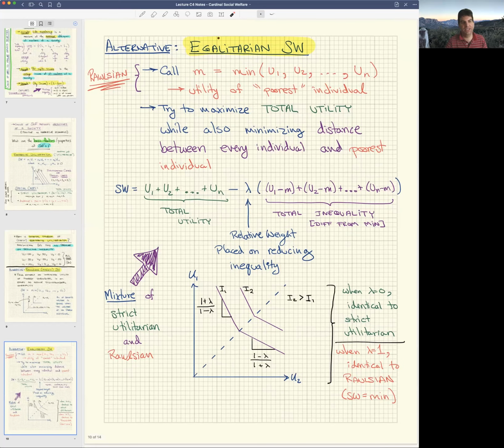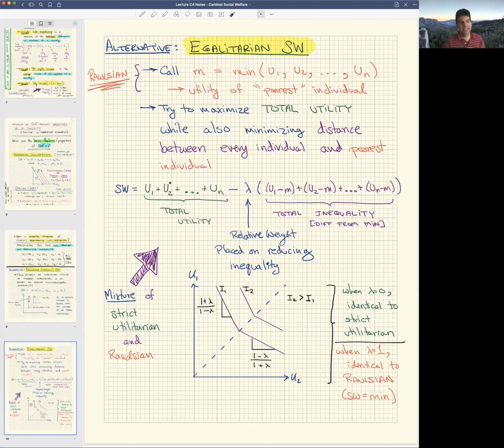Right, so the other utilitarian function, a mix of those two, is the egalitarian. I'm going to introduce this constant, which is my notation, but lowercase m is the minimum. So this basically is the Rawlsian utility function here.